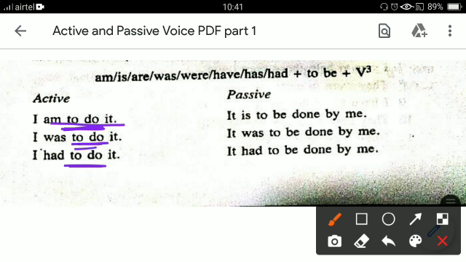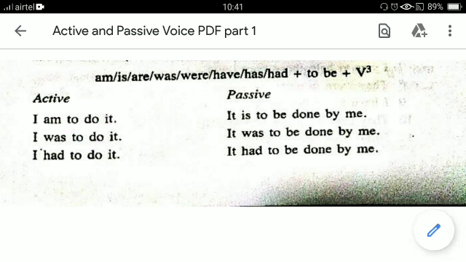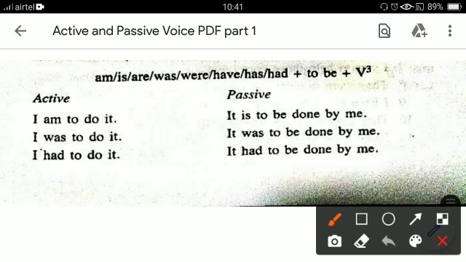If there is to do, to go, to play, like this, then to do will become to be done. Here also to do, to be done, to love, to be loved, to play, to be played, to cook, to be cooked, like this. Now what are you supposed to keep in mind?